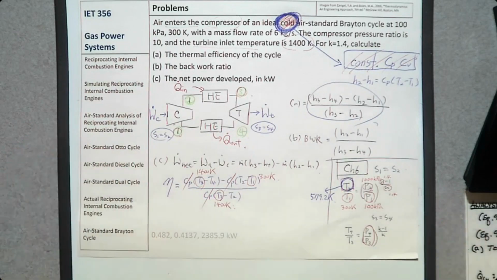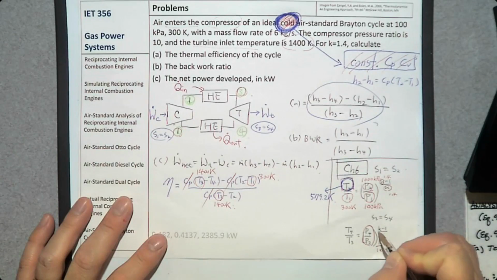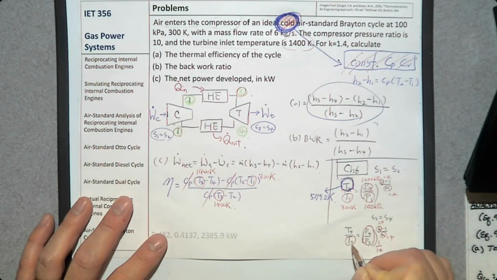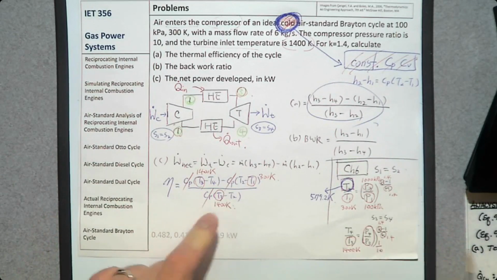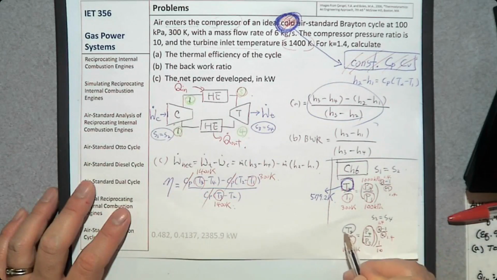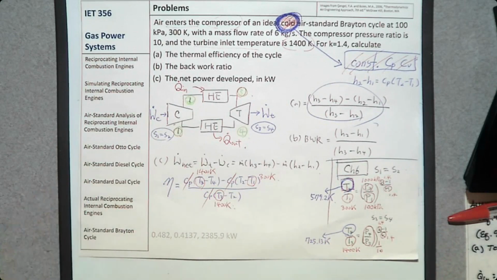Again, 10? No, that's the other way. This one is 1000 kilopascal and this one is only 100 kilopascal, so this is 1 over 10. And kappa is 1.4. What is T3? 1400. So can you determine T4? Yes. T4 is 725.13 Kelvin.